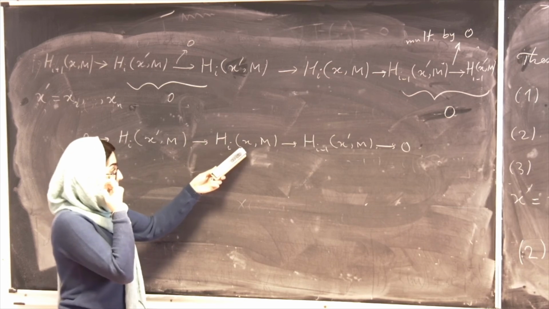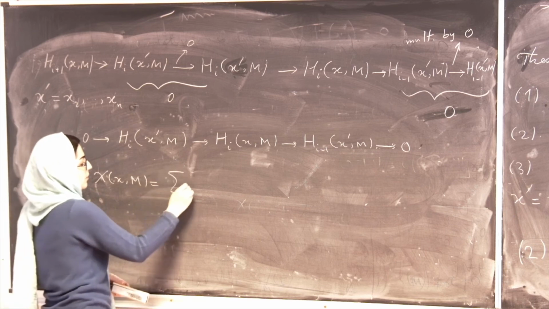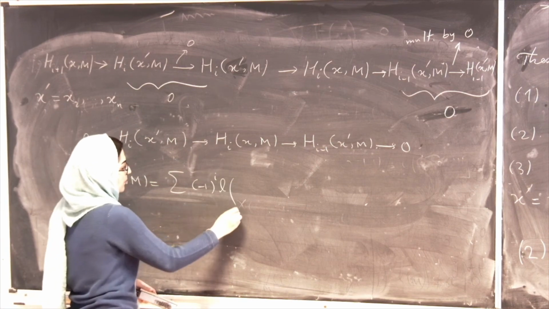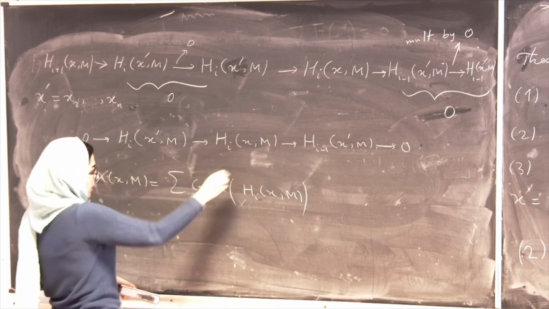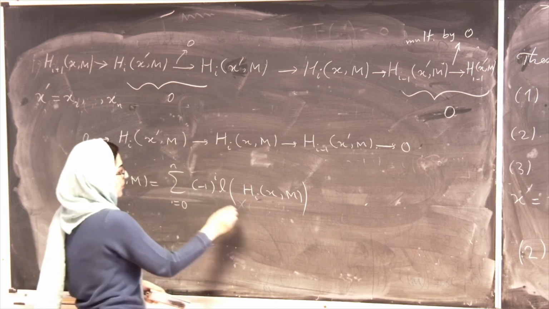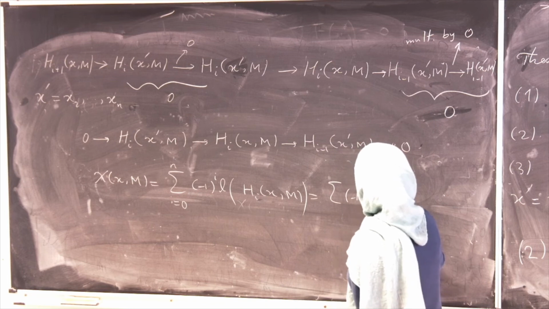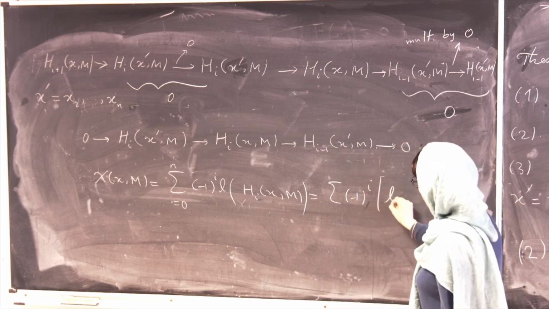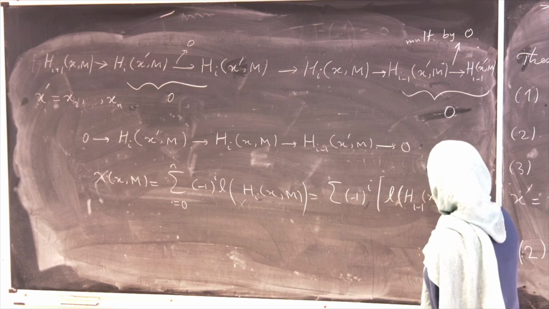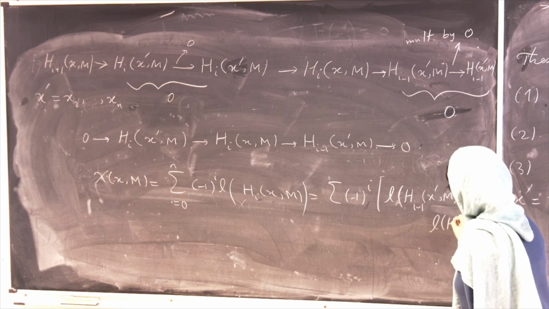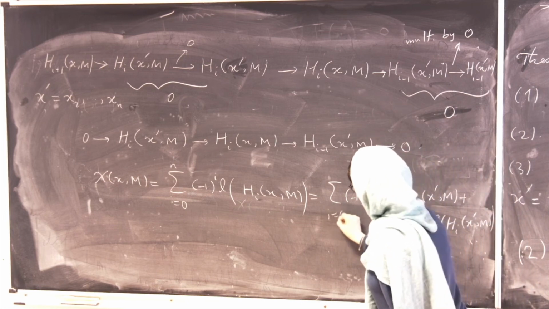So if I compute the alternating sum, which is exactly our Euler characteristic, and I replace this h_i by the sum, I will get the length of h_{i-1} plus the length of h_i, i from 0 to n.